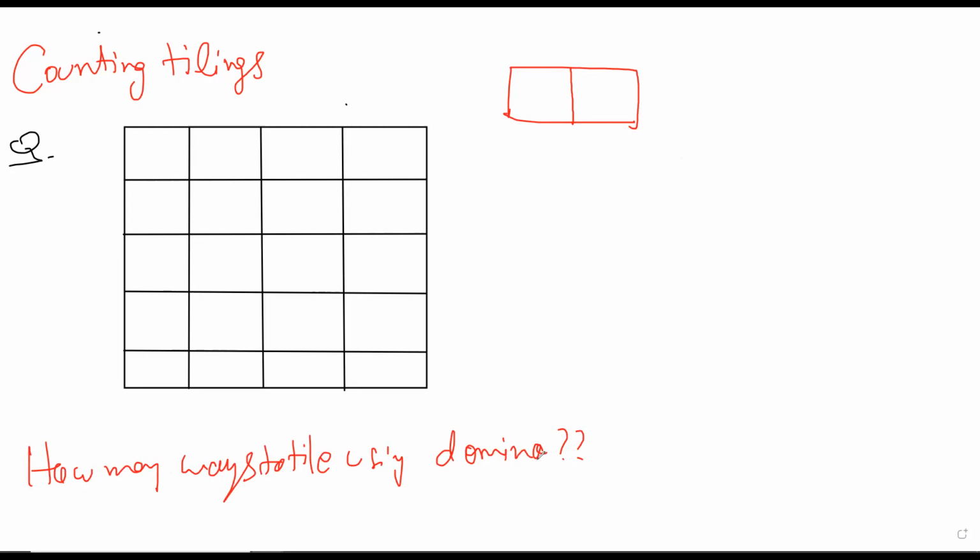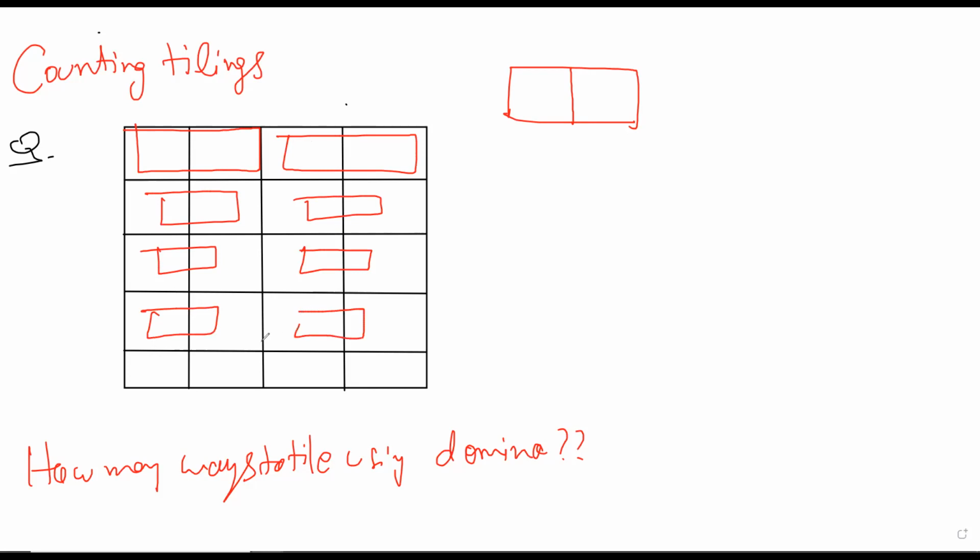Do you know the answer? No, sir, I can't do this. I also don't know, it's a random question. Let's try to come up with a few tilings. We have this tiling here, all horizontal. So this is one of them.